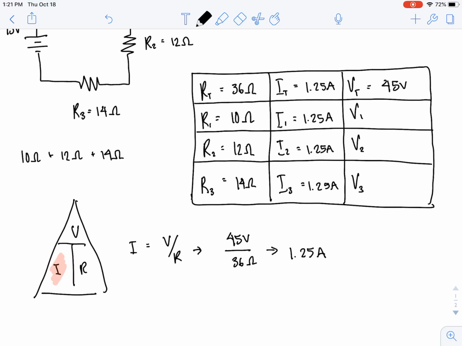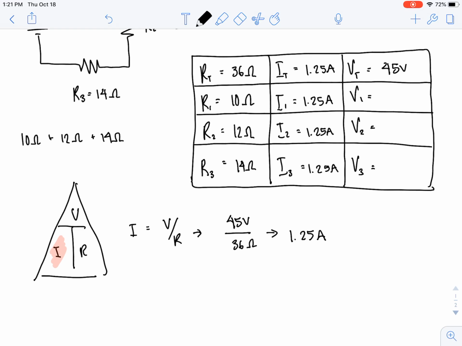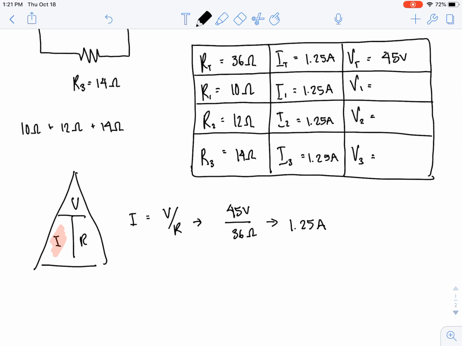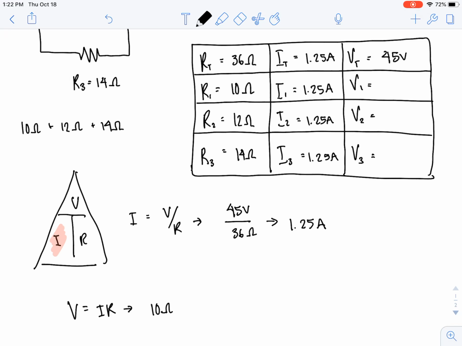To solve for V1, V2, V3, or voltage 1, voltage 2, voltage 3, I just have to do V is equal to IR for every single one. So when I have the equation V is equal to IR and I want to plug that in, at that first resistor, I have a resistance of 10 ohms and a current of 1.25 amps.